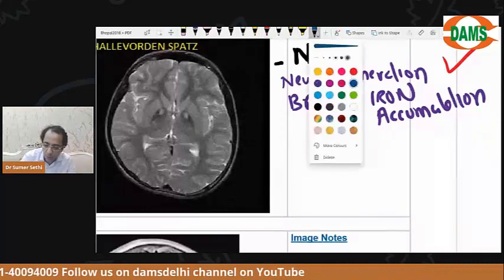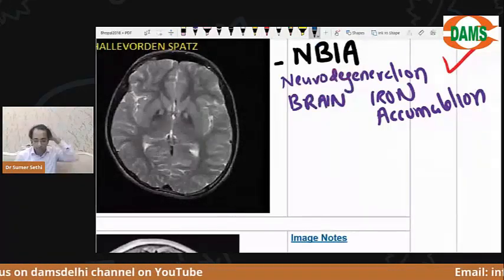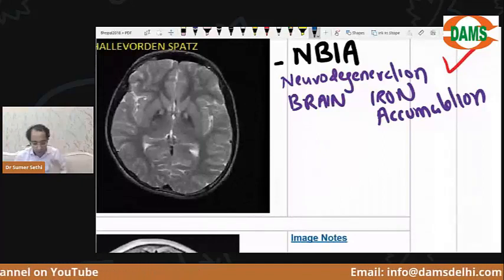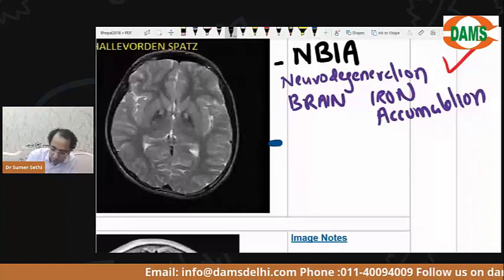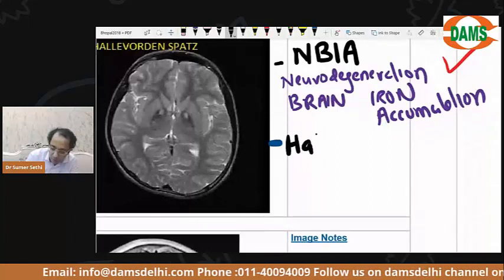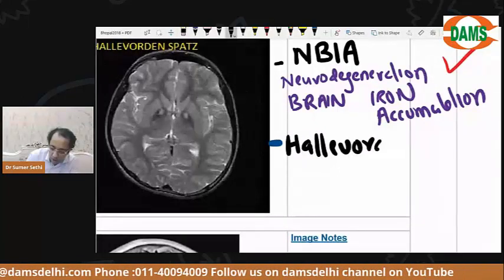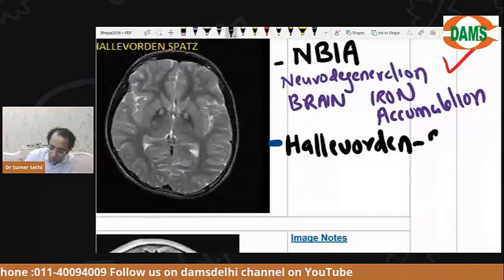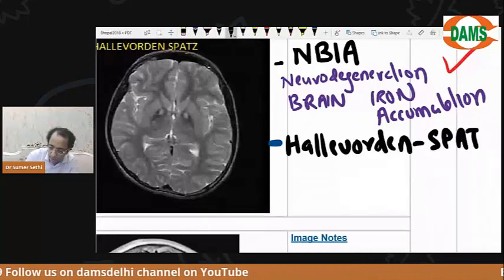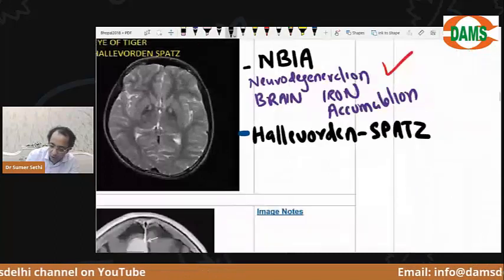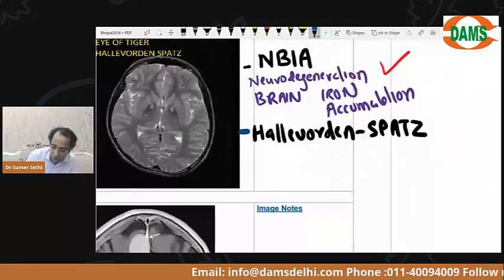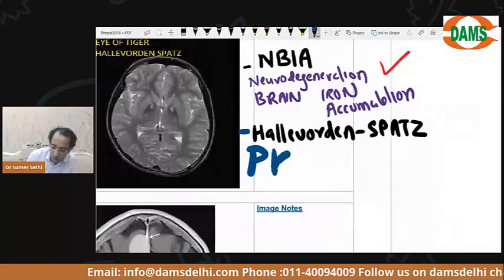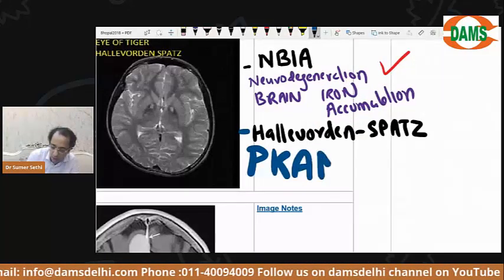We did not know this earlier, but today we know there are diseases characterized by abnormal iron accumulation in the brain. The most important NBIA is a common disease called Hallervorden-Spatz disease. Don't worry if you have not heard of it. That is its name, Hallervorden-Spatz disease. Also called PKAN.